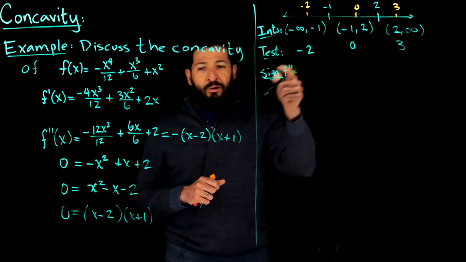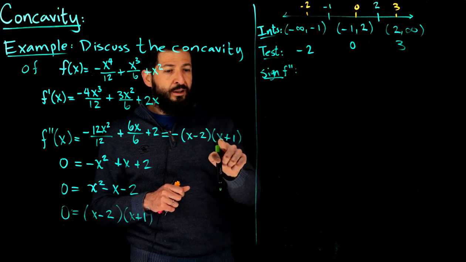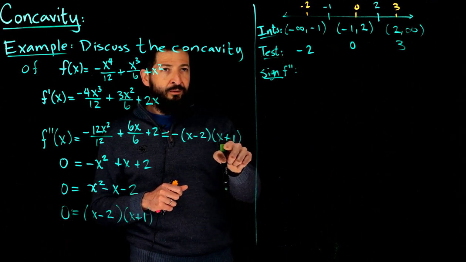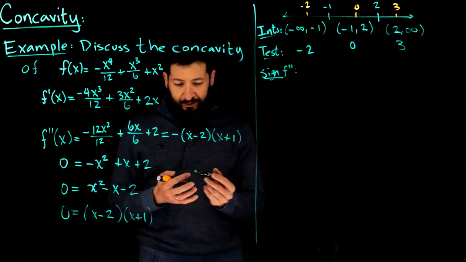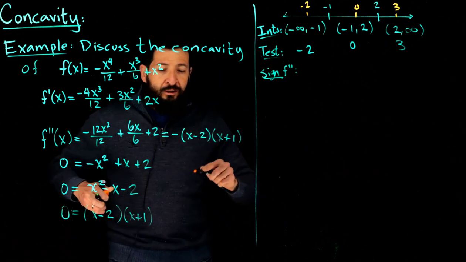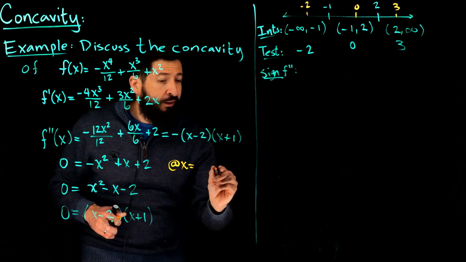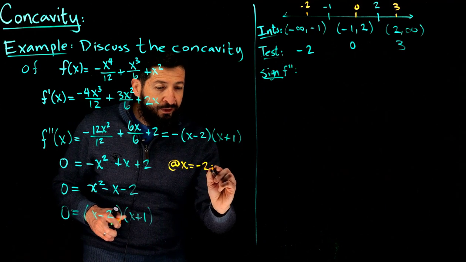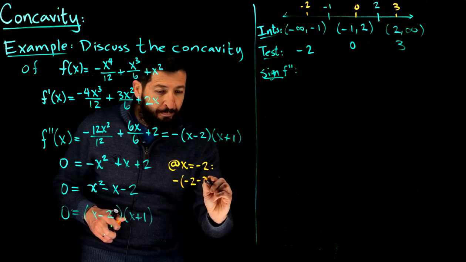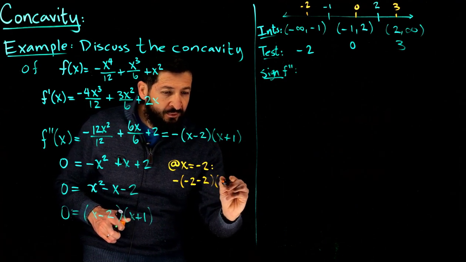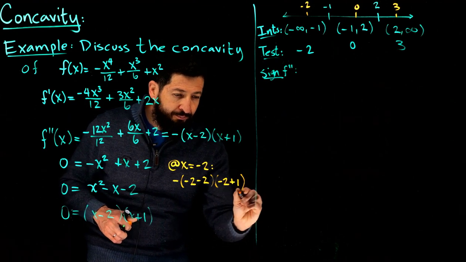So if you plug -2 here, you get -2 minus 2 is -4. -2 plus 1 is -1. When you multiply them, you have negative times negative is positive. I'm going to write it just so that we don't get in the habit of doing it in our heads. So at x equals -2, I'm getting -2 minus 2 times -2 plus 1.